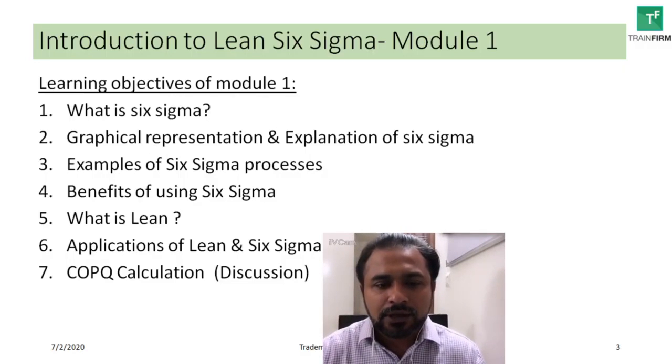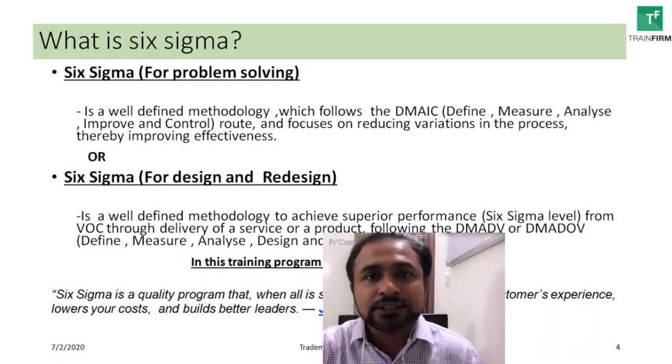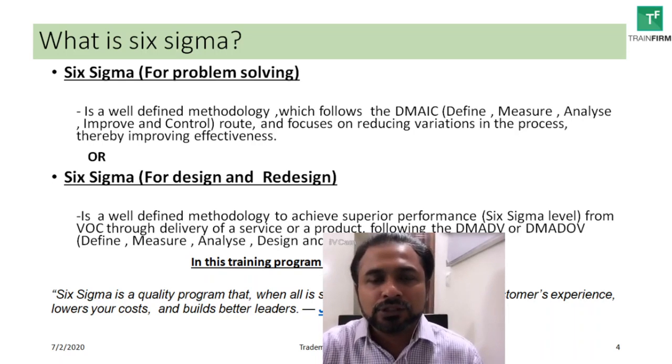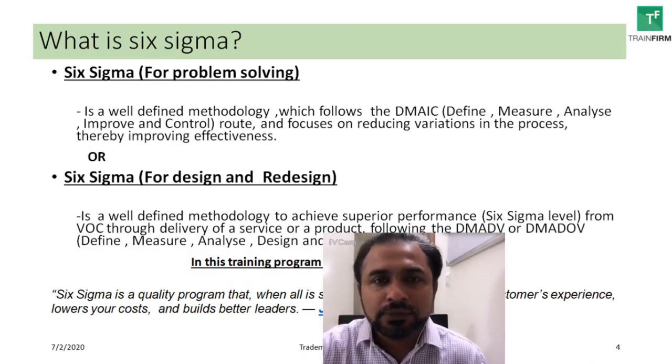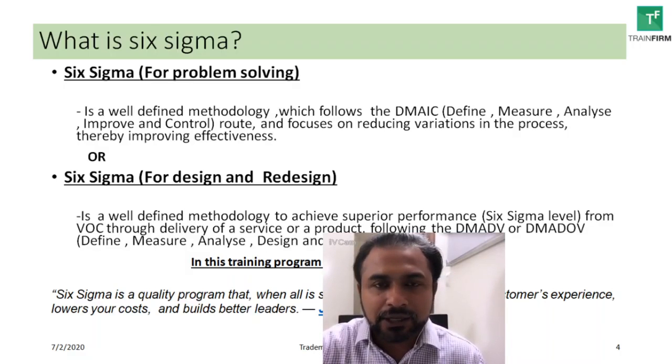So let me quickly walk you through what Six Sigma is. Right? Six Sigma is a methodology. It's not a tool. It is a methodology which will help you to solve business problems, or it can help you in designing or redesigning a particular business process. So the applications are in two different areas. When there is an existing process, and if you have a problem in that process, if you want to solve it, you can use Six Sigma.